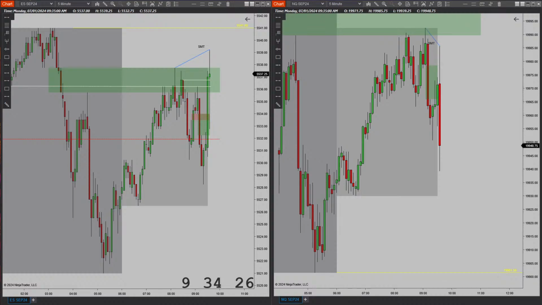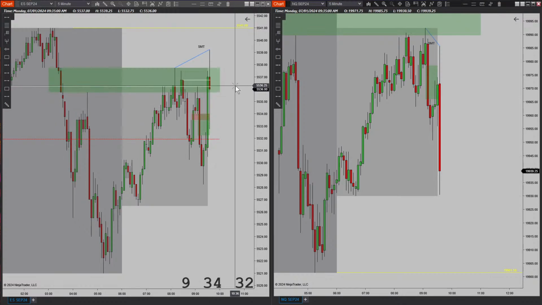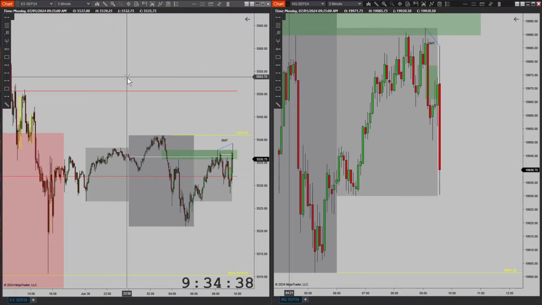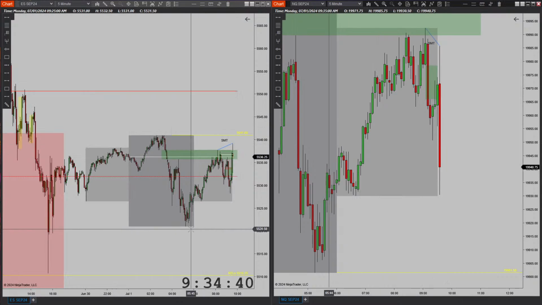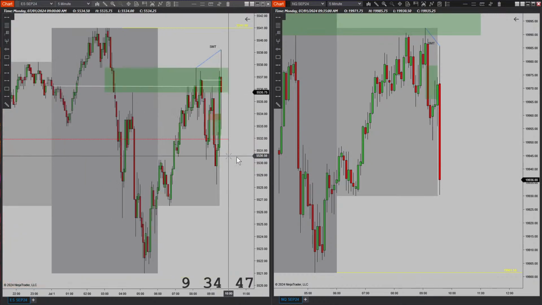A little bit. Okay, all right. I don't know what happened with my connection. But again, I am at 5536 and I am shorting. My bias is bearish. The draws are the lows, and my entry is right at the midnight open.